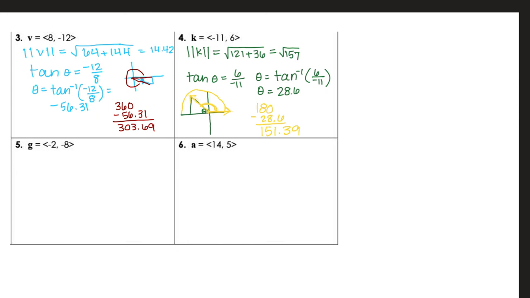All right. Moving on to our next problem, number 5. Looks like the third quadrant again for some of these that we've worked through. So again, we're going to have the square root of 4 plus 64. So we have the square root of 68.